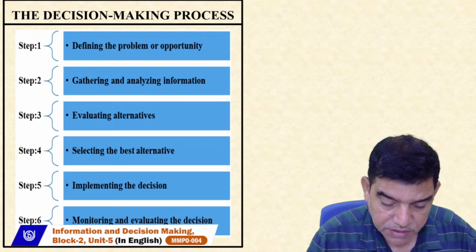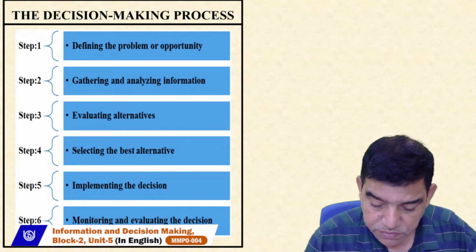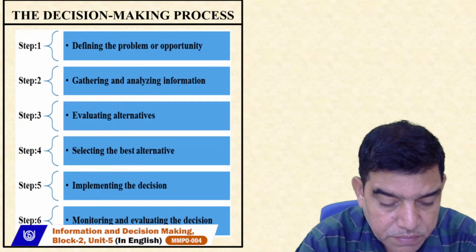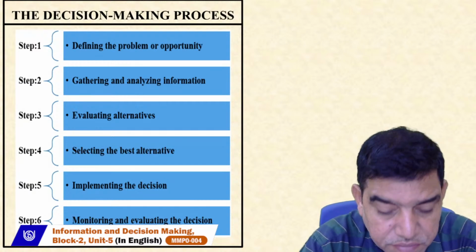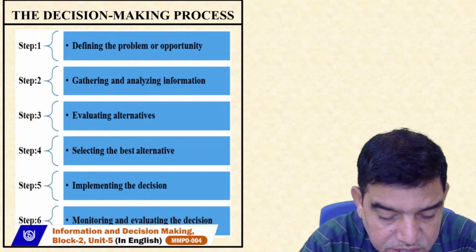This plan should identify potential roadblocks and offer solutions to overcome them. Put the decision into action: follow the action plan and complete the necessary tasks and actions to put the decision into action.